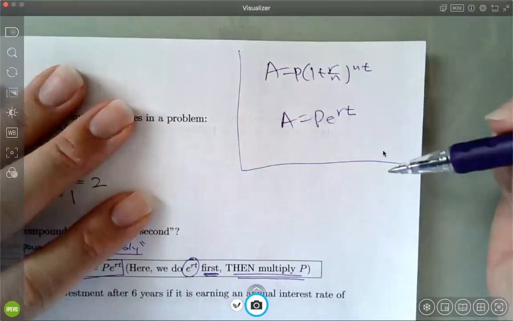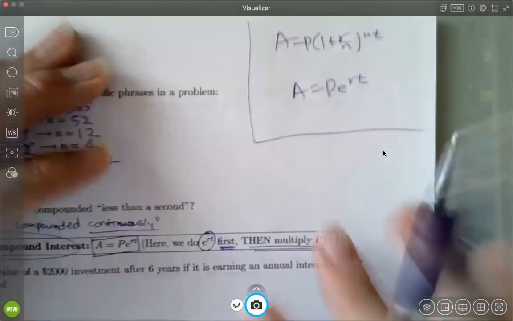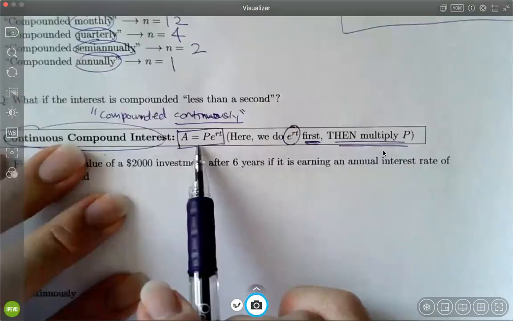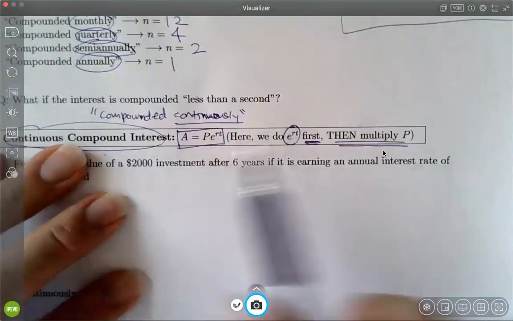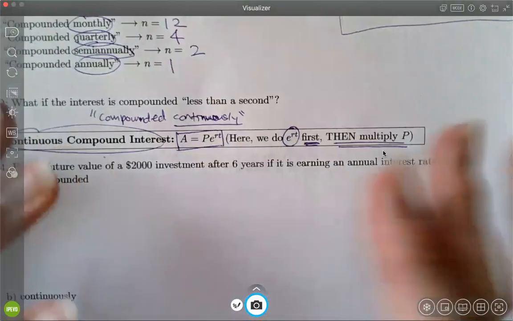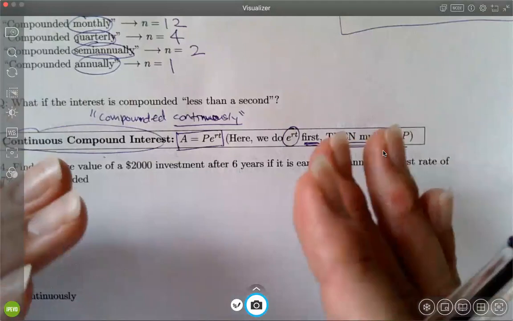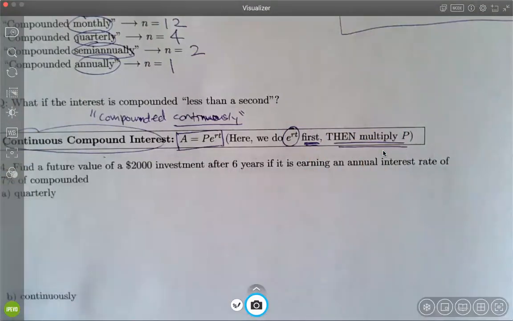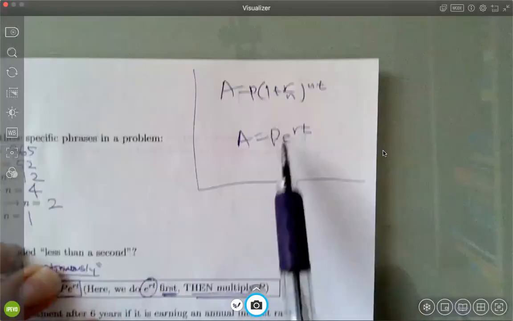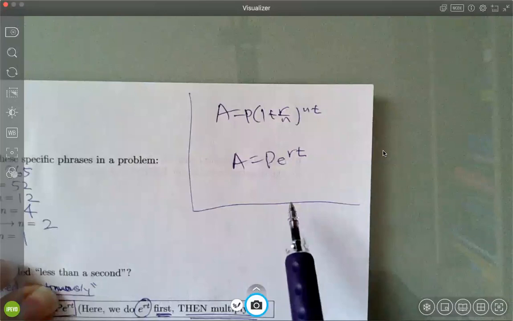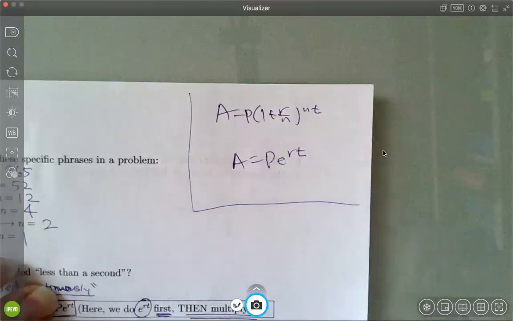Does that make sense? Again, this whole compound interest formula topic is not included on the final, but it will appear on exam 4. So let's practice.